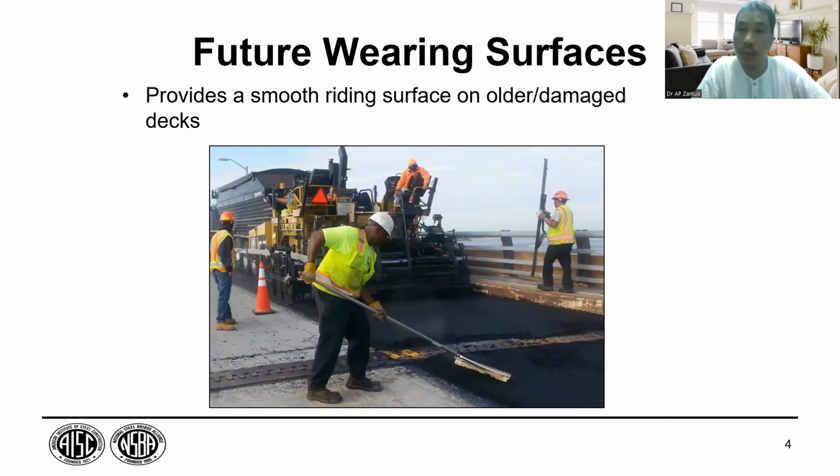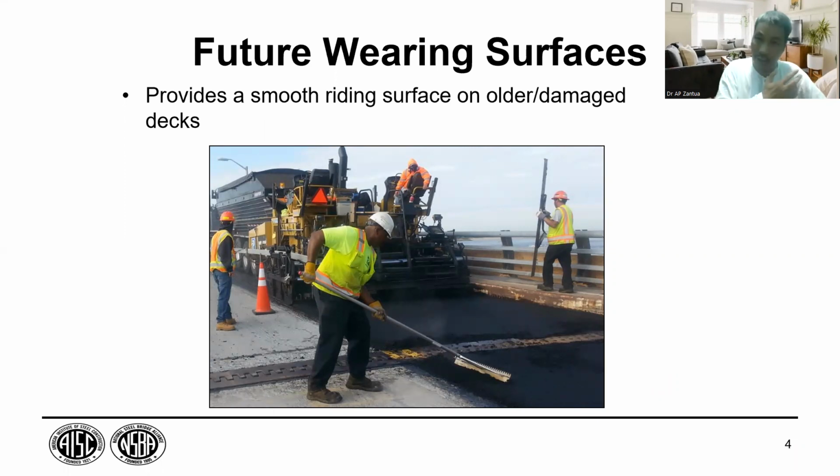Wearing surface must wear after some time. If the design is 3 years, the wearing surface must be replaced every 3 years. If the design is 5 years, it must be replaced after 5 years. Wearing meaning it is already damaged, already gone.